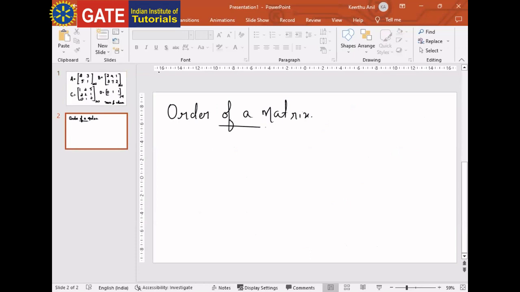If you have a matrix defined as, in the next line you can write capital A equals A11, A12, A13, etc., A1n. Got it?